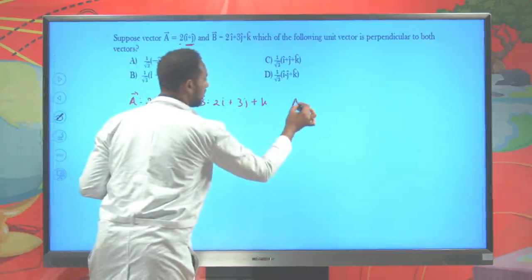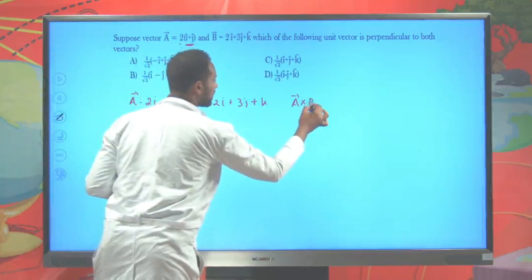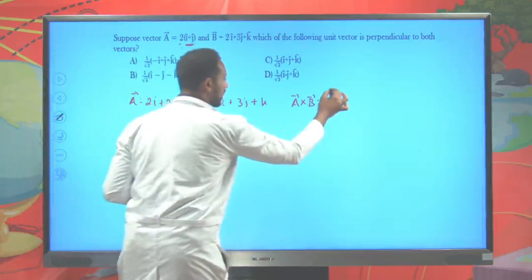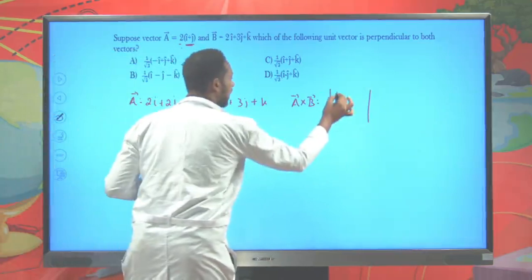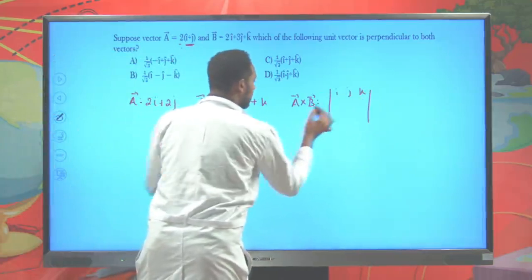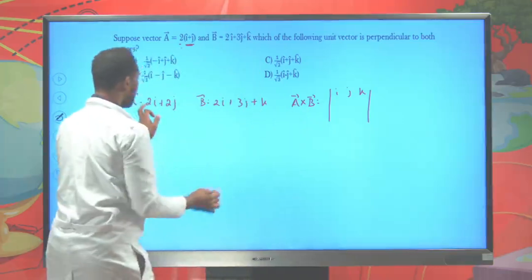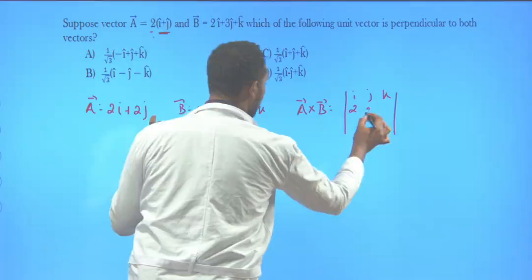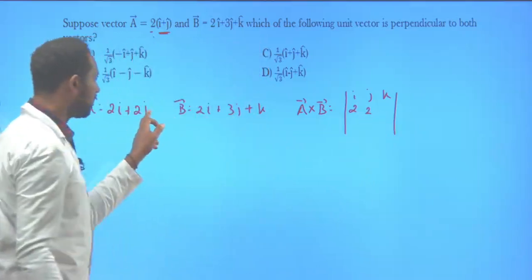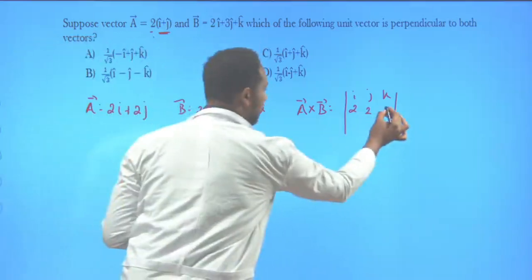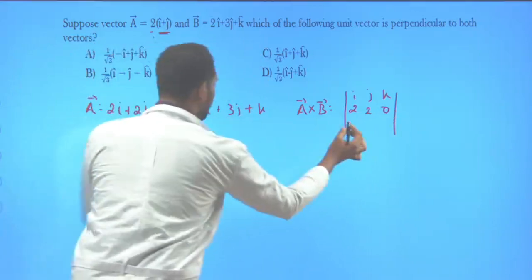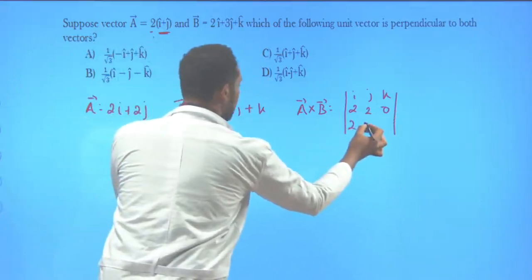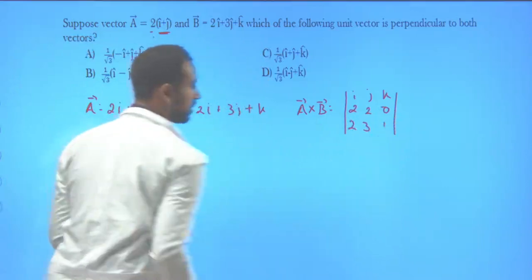If I say find the cross product of the two vectors, you have to put it in a matrix like i, j, and k. You have to put all the components of vector A as 2 in the i and 2 in the j as well. But here you don't have a z component, meaning it is 0. And here you have vector B, which is 2, 3, and 1.